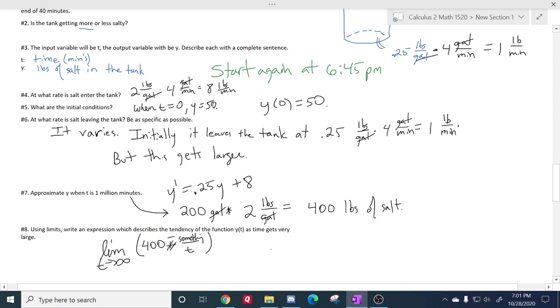We can also generalize this. The limit as t approaches infinity of simply y sub t, because y is the pounds of salt in the tank, is equal to 400.